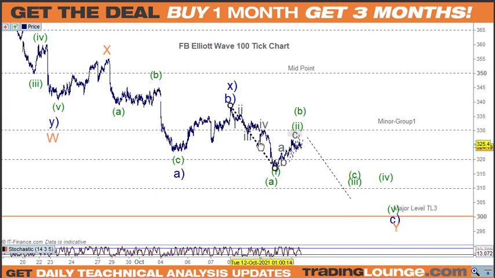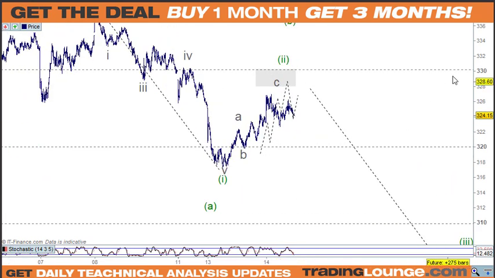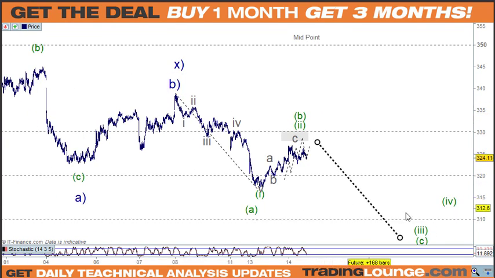So the C wave would be wave 1 to here, and then we're looking for wave 2, and then down for wave 3, 4, and 5. We need to make sure that we don't get this as a W, X, and Y coming down into this space, because as a Y, it would just be a simple A, B, and C wave to here. So once again, we'll need to be a little bit careful down here. We'll see where the rest of the markets are as well. But I'm just bringing in a double zigzag within a double zigzag here.